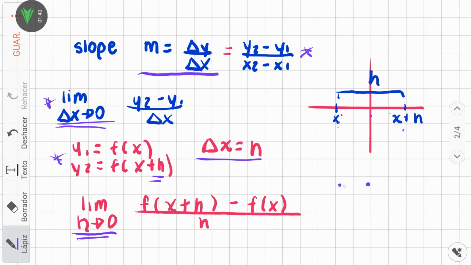And the derivative is trying to find the slope of just 1 point. So we're trying to get the difference h between these 2 points to be as small as possible, as minimum, until they can clash and become just 1 point, which we can find the slope or the tangent line slope of that.